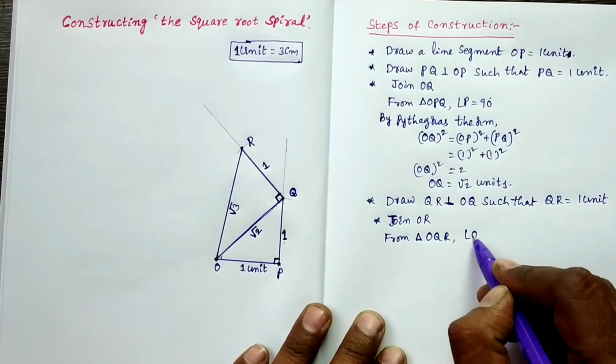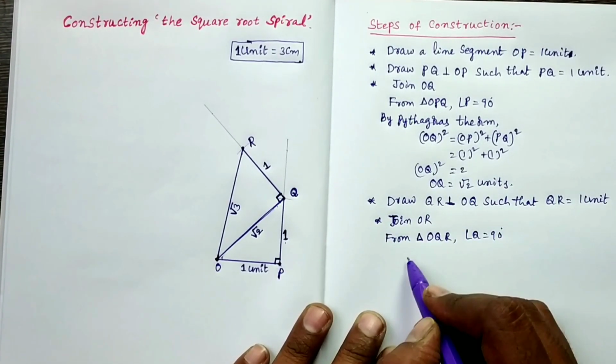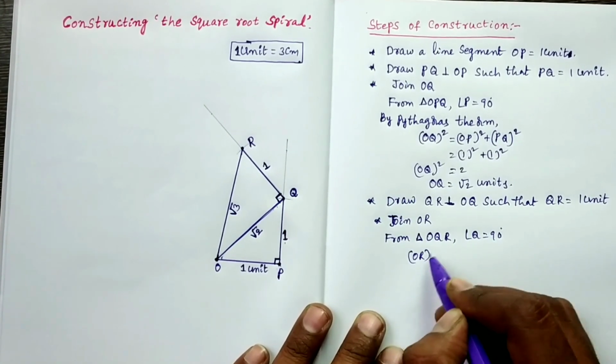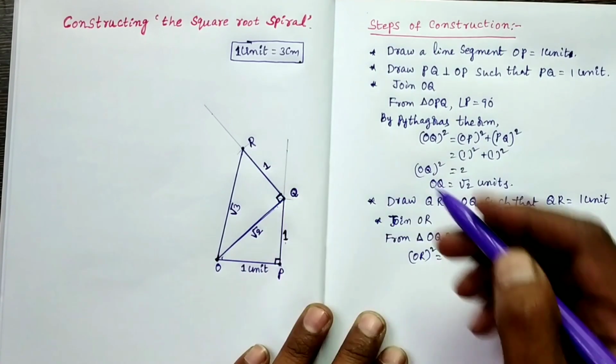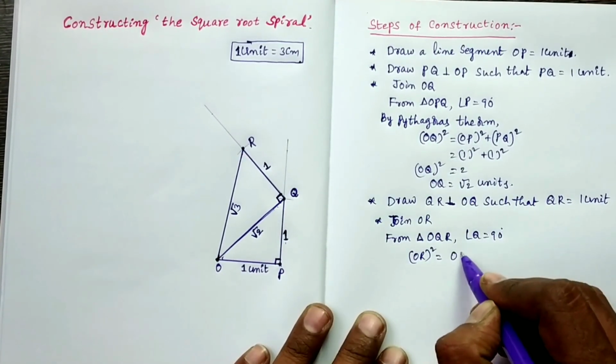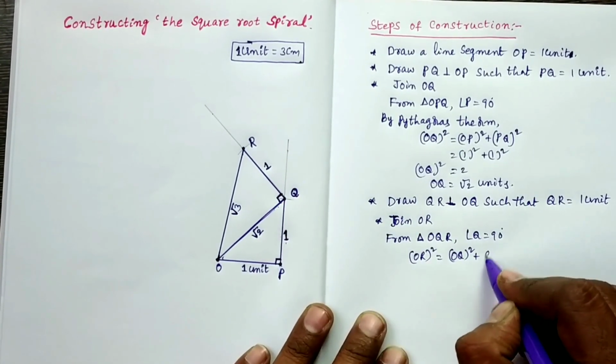From triangle OQR, angle Q is 90 degrees. Then by Pythagoras theorem, OR square, the hypotenuse, is equal to side square plus side square, OQ square plus QR square.